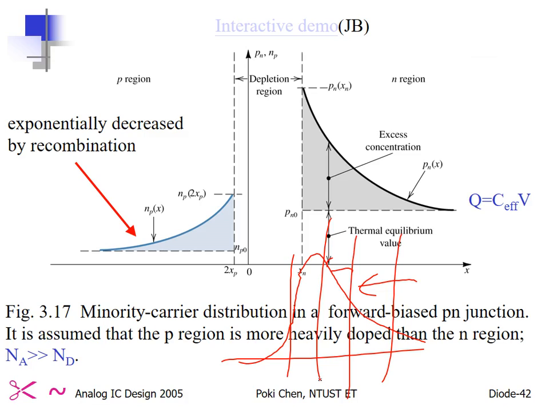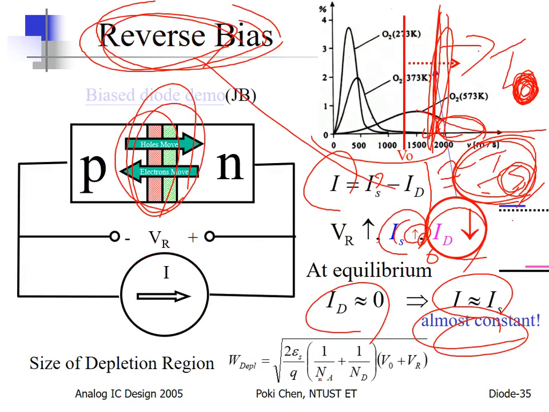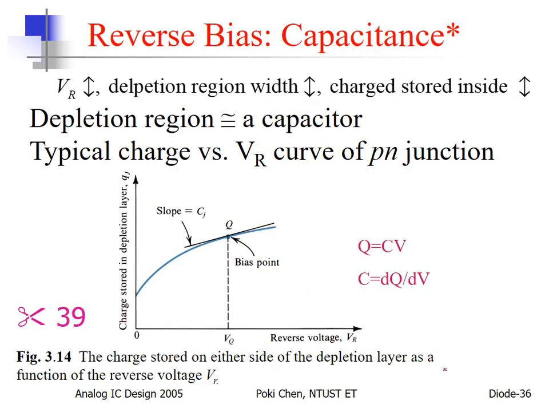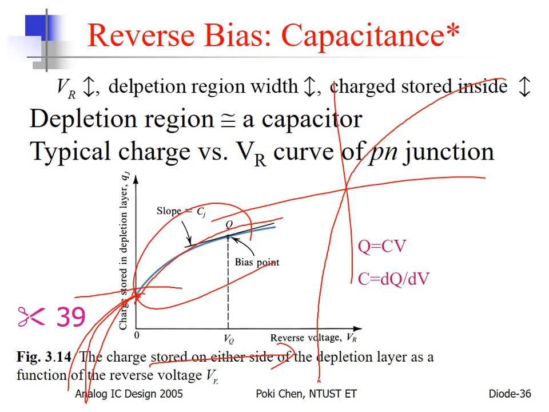So the tendency is totally reversed to this. Totally reversed. That is for reverse bias. The more reverse bias, the harder to push the charges to the other side. On the contrary, the more forward bias, exponentially increased. Okay, so overall, it will look like this. Okay, that is what I can tell you.